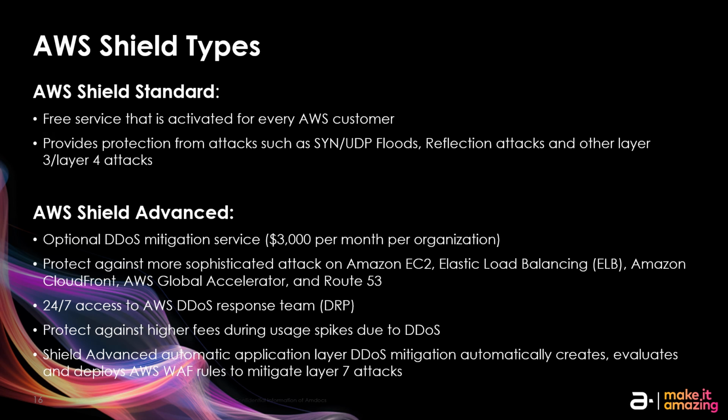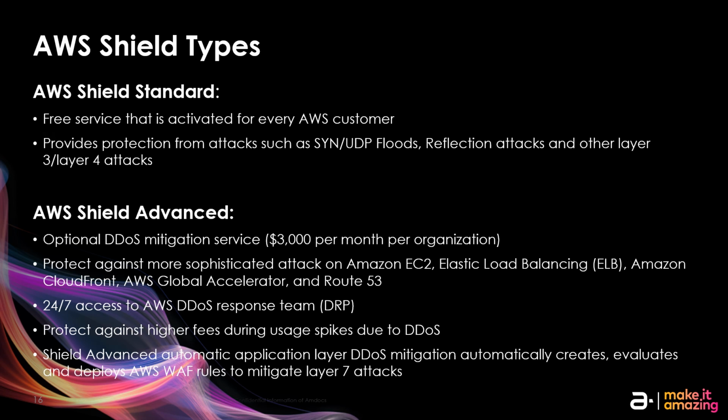It has a cost, and as per the last documentation it was $3,000 per month per organization. Then you have more protection against sophisticated attacks on your EC2, load balancers, CloudFront, Global Accelerator, and Route 53.